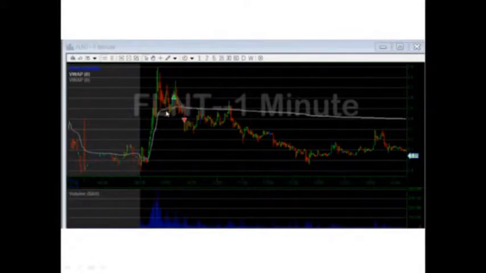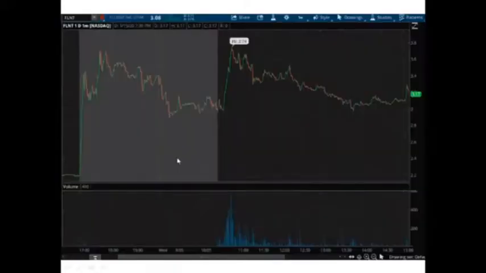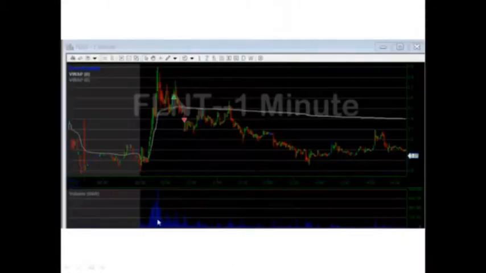VWAP along the line is usually an indication that you'll probably get a bounce of some sort. We also notice the volume did dry up a little bit. Again, it's not going to be the holy grail. You're not going to necessarily see it every time. It's just something to add to the conviction: how much volume is being done at this level.